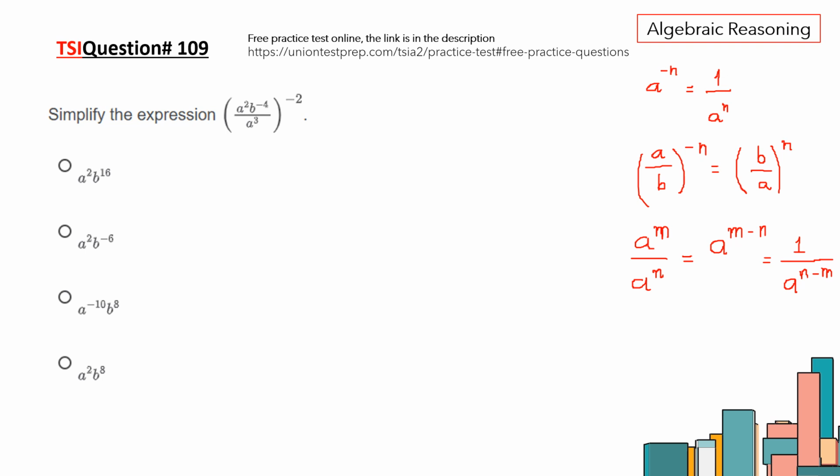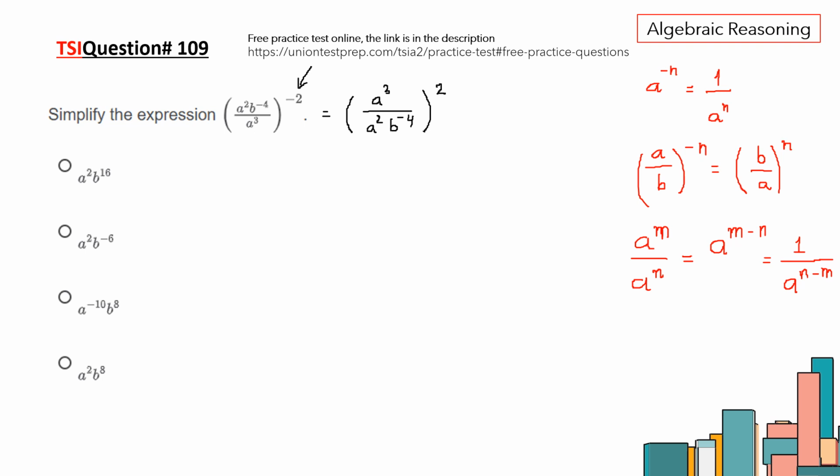I don't want the negative power, so I can flip it. What is at the bottom? I bring it up top, and then I have my b to the power of negative 4, all over a squared.